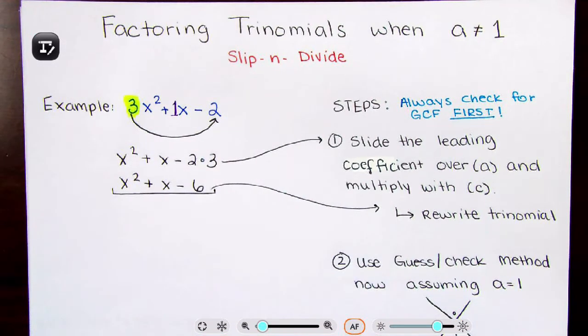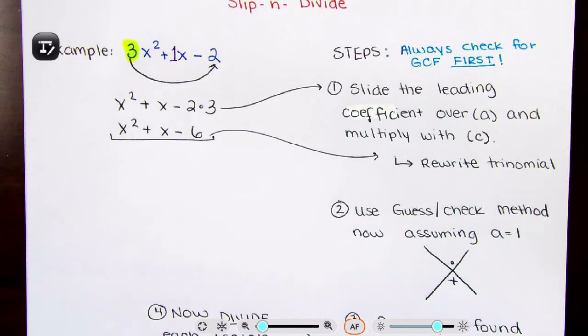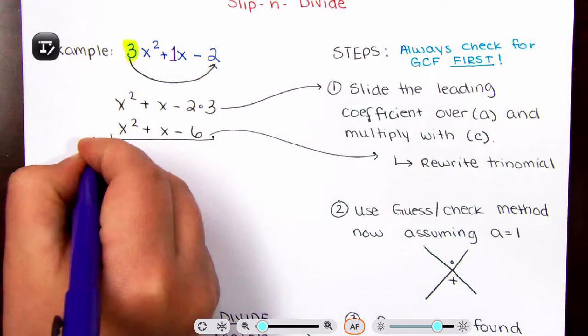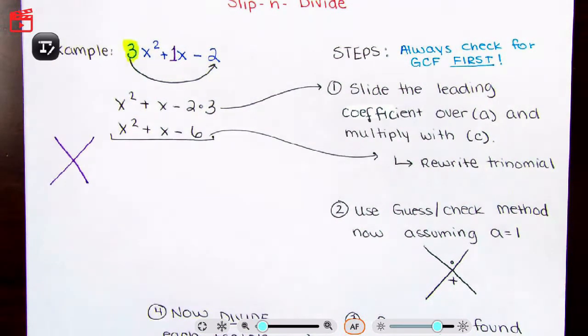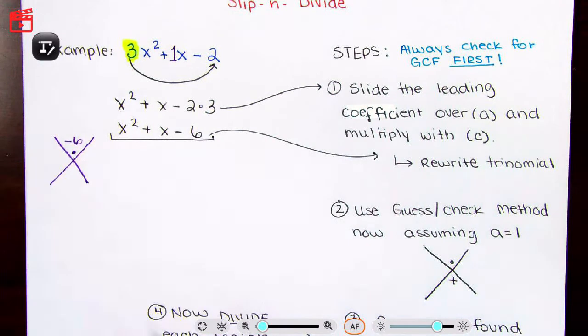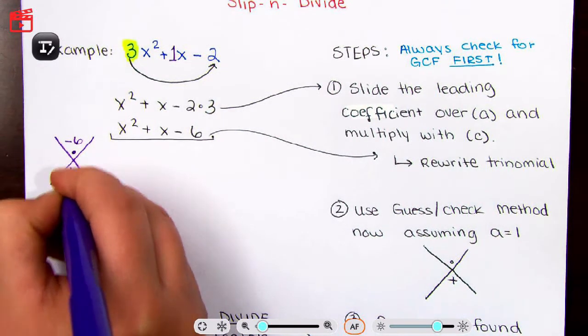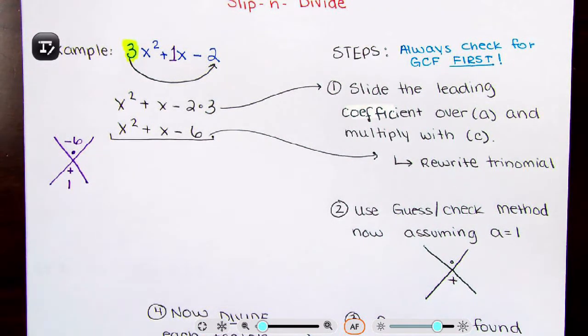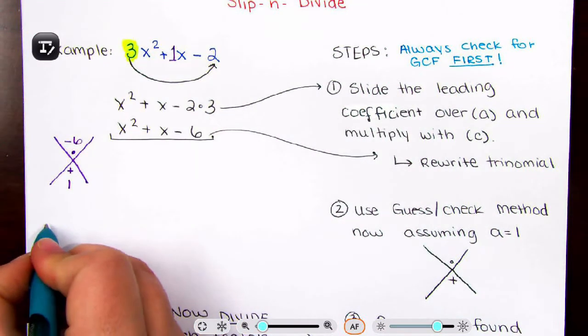Step number 2 is now use the guess and check method, assuming that now your A value here is 1. So I'm going to do that off to the side. Remember, guess and check is in the previous video. So we're going to multiply to our C value, which is -6, and we're going to add to the B value, which is 1. I'm going to take that -6, I'm going to write out some factors for it.